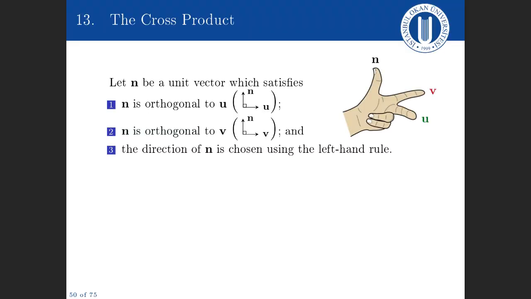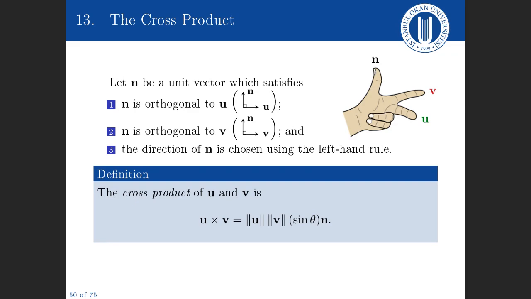So, more precisely, let n be a unit vector which satisfies these three rules. N must be orthogonal to u. In other words, the angle between them must be 90 degrees. N must be orthogonal to v. We need the angle between n and v to be 90 degrees. And the direction of n is chosen using the left-hand rule.